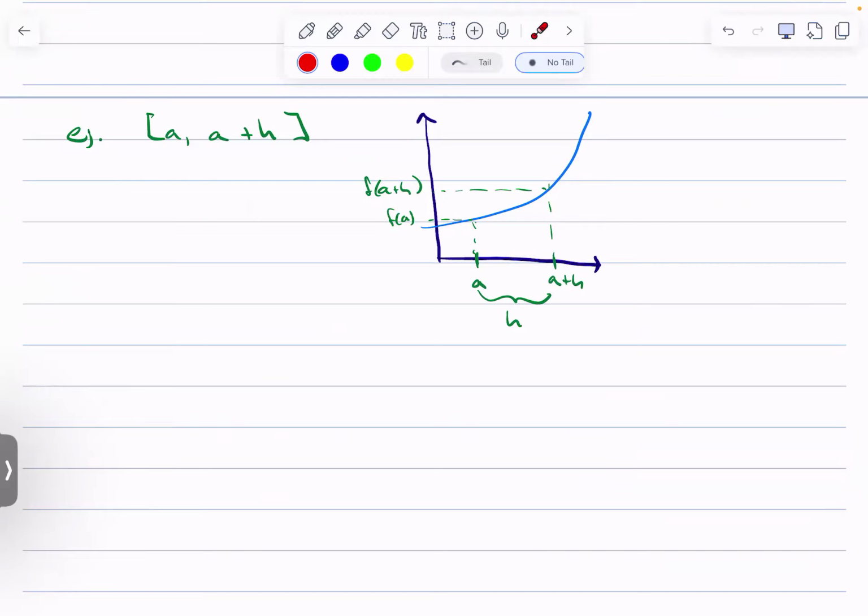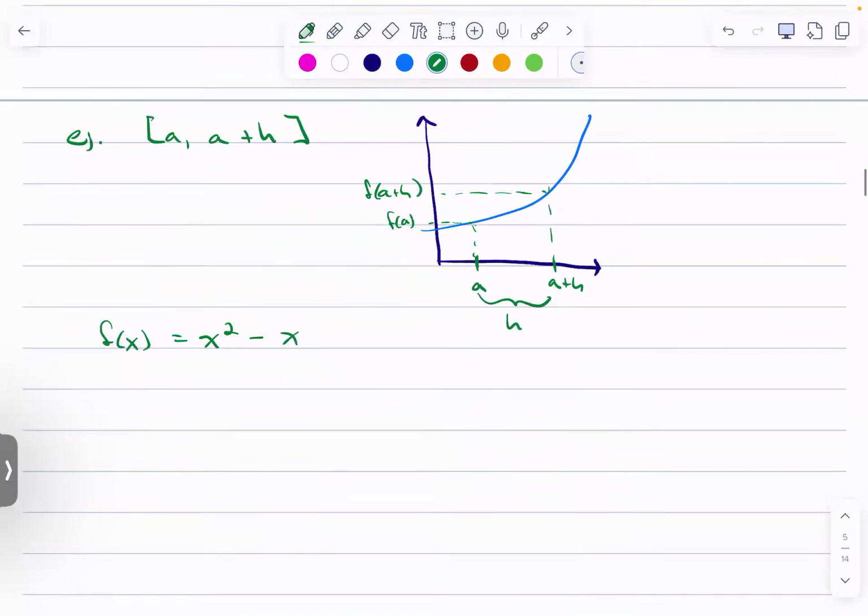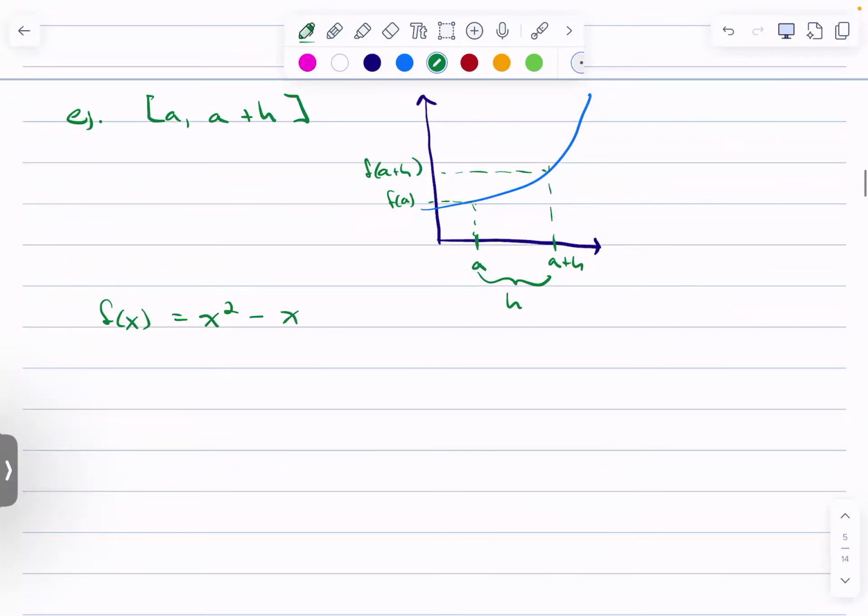Okie dokie. Well, we need to remember our function, f of x is x squared minus x. Let me just confirm that because I don't want to do it with the wrong one. It's true. My a in my formula is a, but my b in my formula is going to be replaced with a plus h.